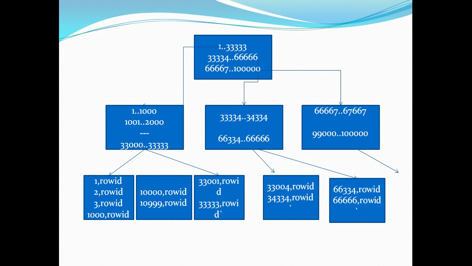Now we call it balanced because we can have any key. Instead of 1, we can have 10,000 and it will follow the same route. First it will go to the root block, where it will identify that it needs to go to the rightmost block on the next level, and there again it will be redirected to the rightmost leaf block, where it will have that particular physical location where the data pertaining to the transaction ID 1 million is stored.